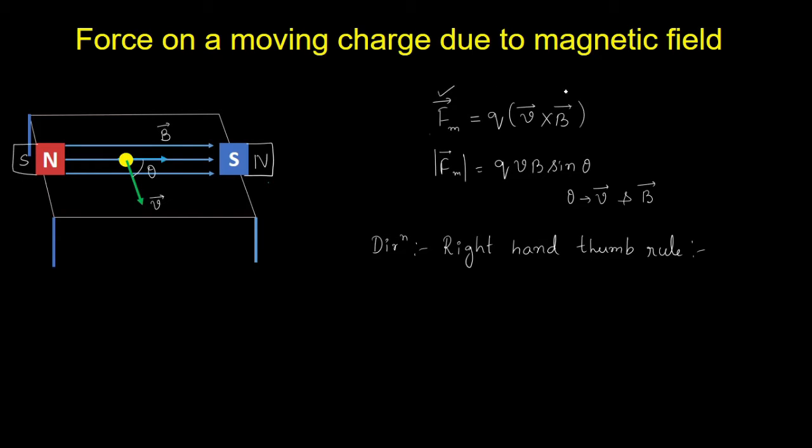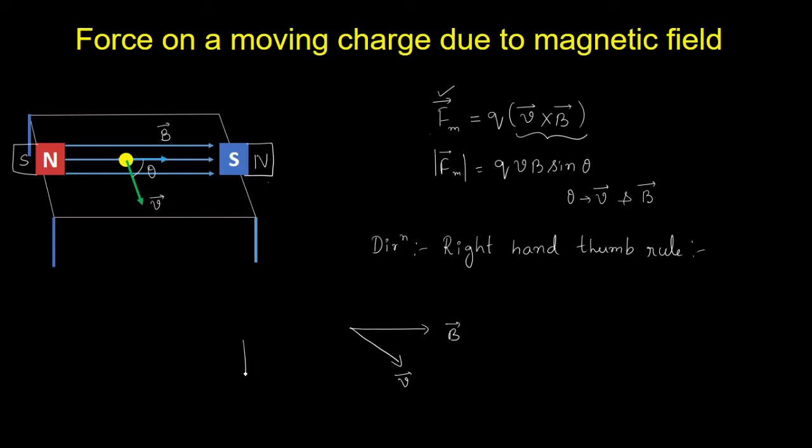The direction of force will be in the direction of the vector product V cross B. So right hand thumb rule states, if there are two vectors, in this case vector V and one more vector B, and if I take the cross product V cross B, it will be in a direction perpendicular to the plane containing both V and B.